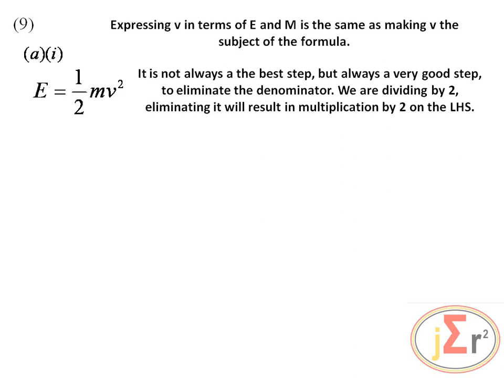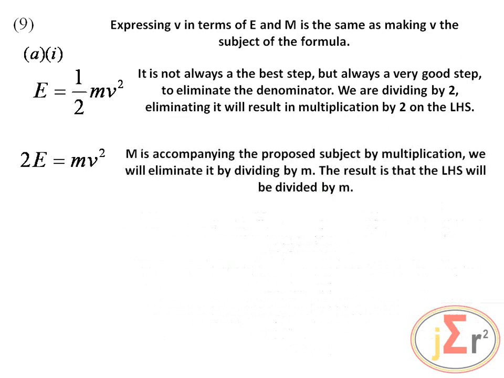By so doing, on the left hand side, we will have E multiplied by 2. So on the left hand side, E will be multiplied by 2, and on the right hand side, multiplying by 2 will eliminate the denominator of 2. Next, we will eliminate m.